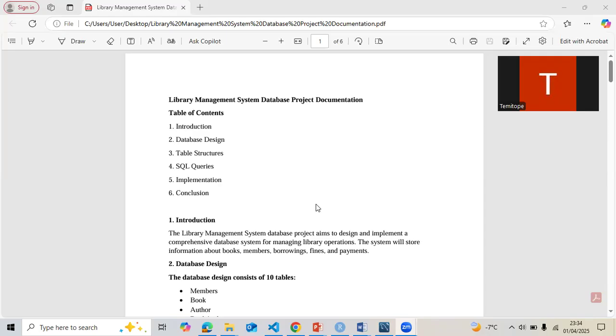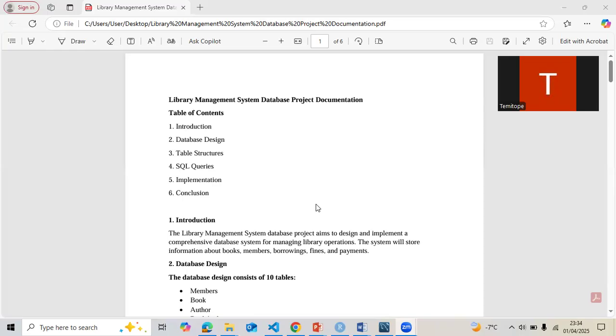Coach, I would like to walk you through my library management system database project. This particular system is designed to manage books, members, borrowing transactions, and fines for defaulters, people that have borrowed books and didn't return them.